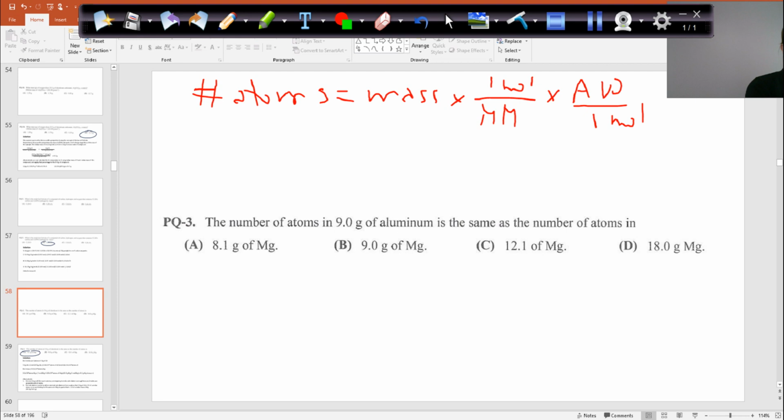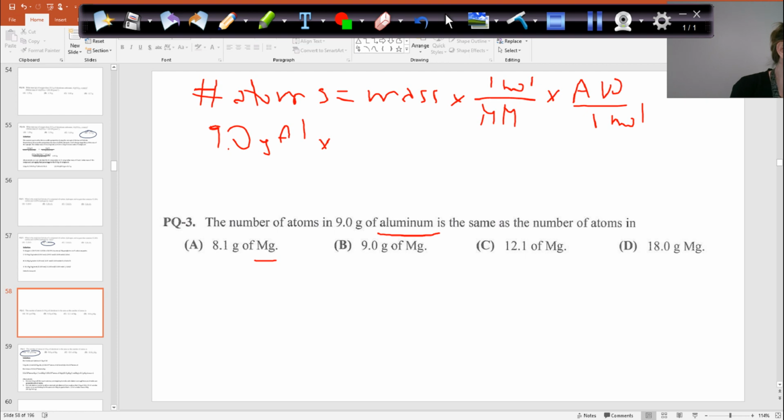So if I want to compare these, let's say that I'm doing 9 grams of aluminum. Let's take a look at where aluminum is and where magnesium is so that we compare the molar masses, because maybe we can even do this without doing any math at all. Once we have the setup, we understand proportionalities between these.